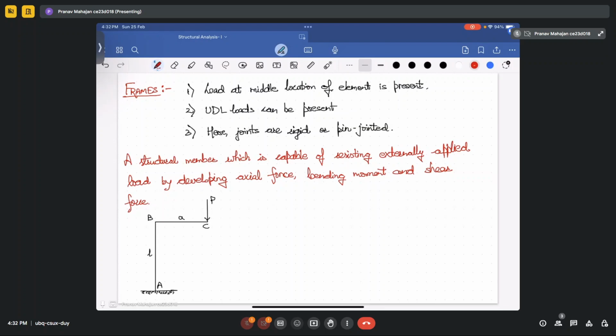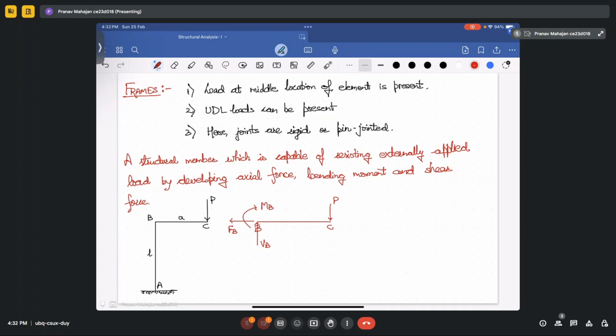You will have this BC element. It has force P here. It will provide you the reaction VB. And the axial force here is FB. And this will be the moment MB.